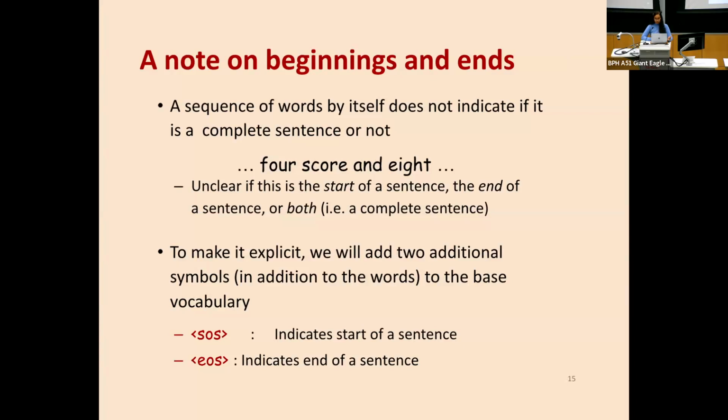Take for example a poem or something like that, where you actually need a pretty solid start to the sentence and an end to the sentence. But in the example you see here, 4, score, and 8, it's not really clear whether this occurs at the beginning of the sentence, in the middle of the sentence, or at the end of the sentence.